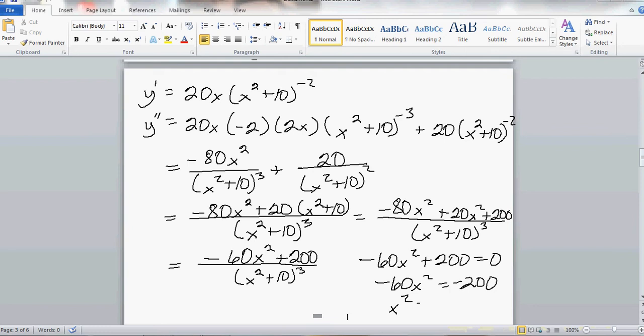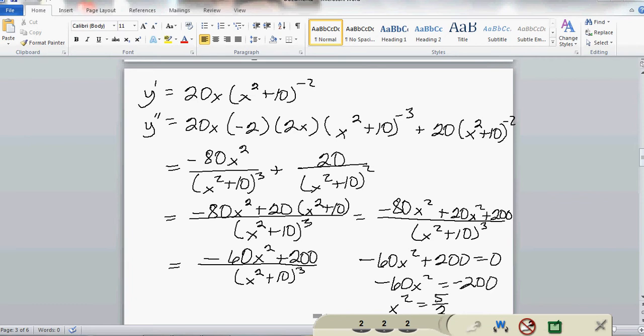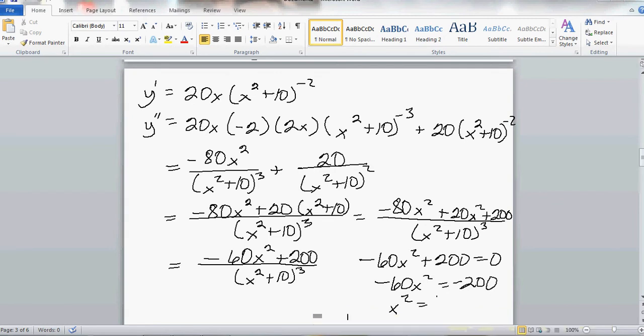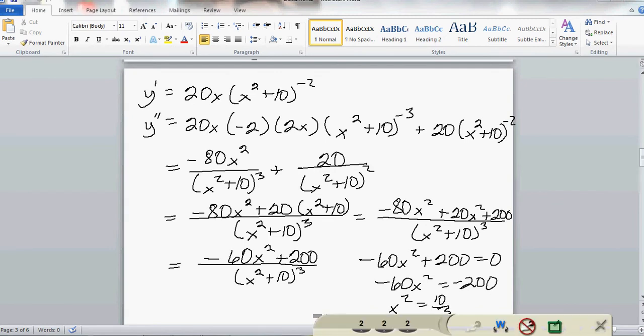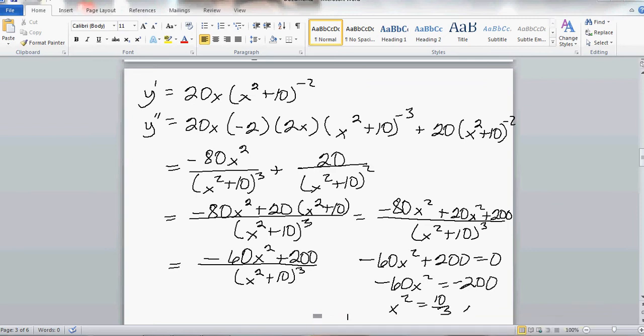X squared would equal, what, 5 halves, I believe. Is that right? 20 over 6 would be 10 over 3. Oh, 10 thirds, not 5 halves. I have no idea where that came from. Oh well. Easily enough fixed. And so x would equal the positive or the negative square root of 10/3.